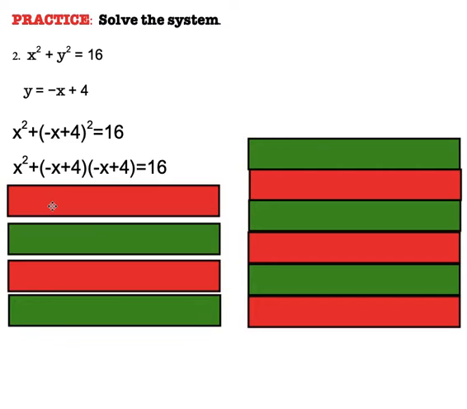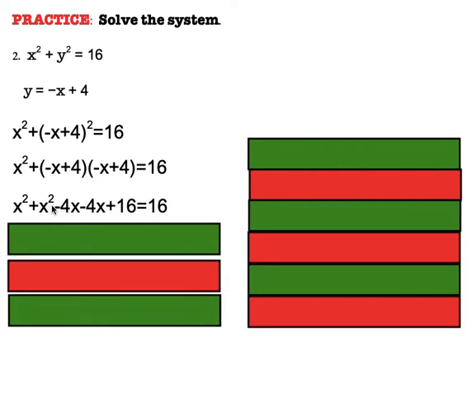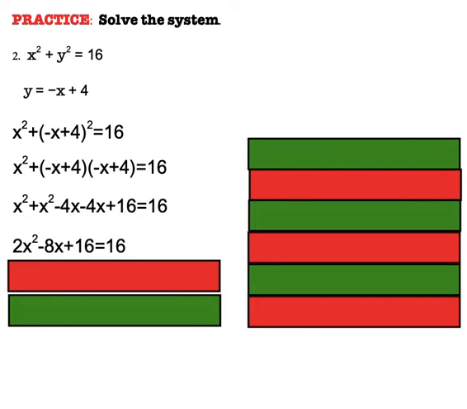Remember, if at any point I'm going too fast, you can pause the video. We FOIL. We get x squared minus 4x plus 16. We combine like terms. 1x squared plus 1x squared is 2x squared. Negative 4x and negative 4x make negative 8x. 16 equals 16.